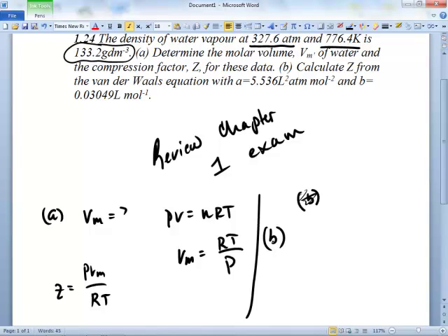They give us little a and little b. Where's our van der Waals equation? There it is on the bottom, right? So what do they want? Z is Z. What's going to change? R can't change.